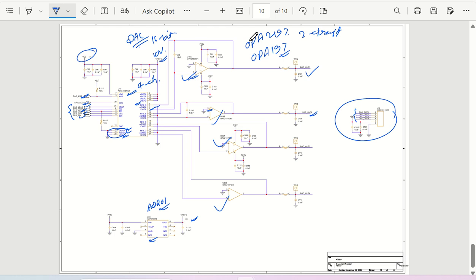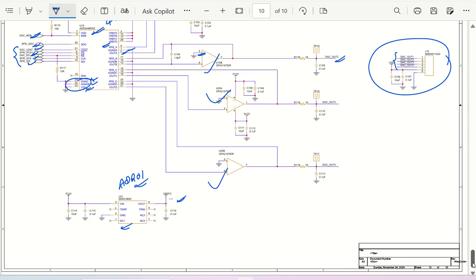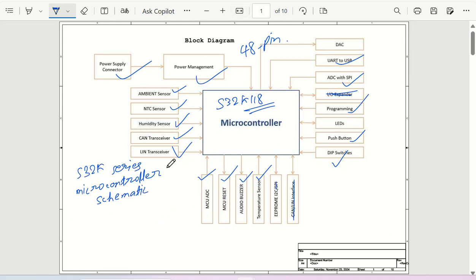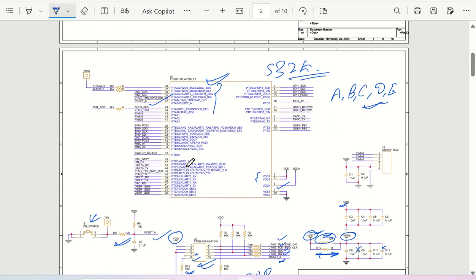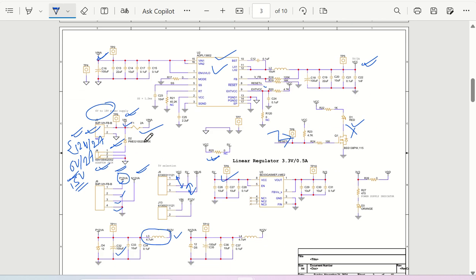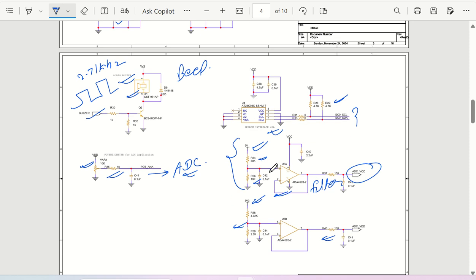All right, hope you now have a good understanding of the complete circuit that we have done here. And let me just show it to you quickly. So this was the block diagram, and this is the microcontroller part. Then we have power supply management and everything. Then we have discrete parts like the buzzer and all those things.